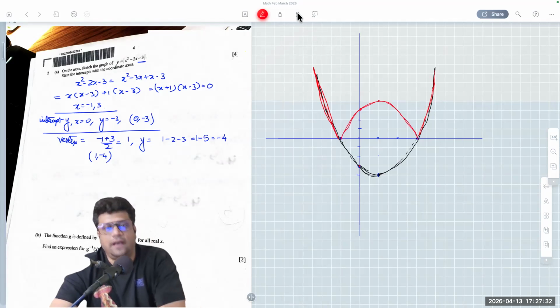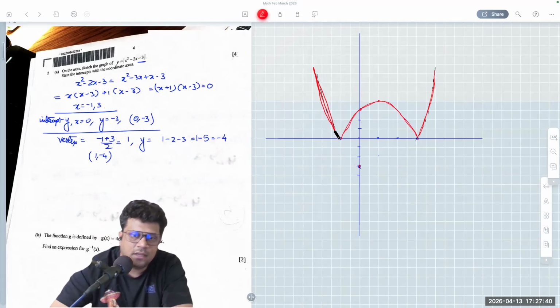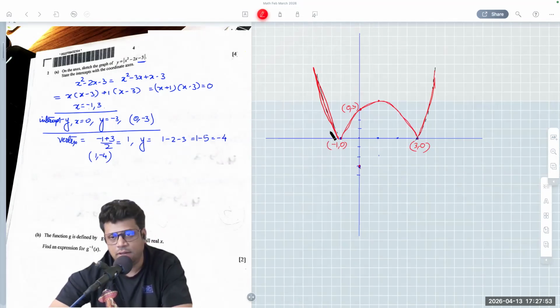The red curve is what we should have in our final sketch. And now they wanted us to show the intercepts, and that is what we're going to do. Very neatly, we'll write -1 0, 3 0, and 0 3, and no other intercept they wanted. So I'm going to keep it like that. That is it for 4 marks.